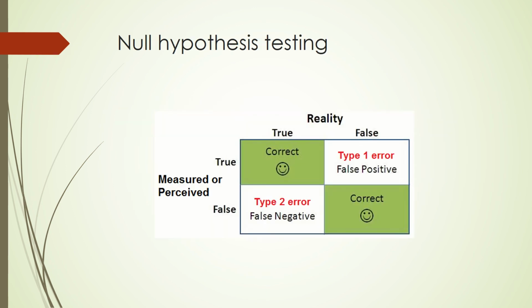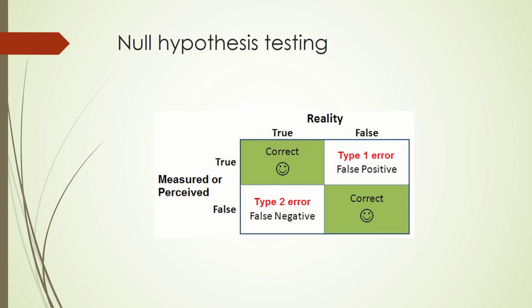Moving on. So whenever I was talking about null hypothesis testing, here is the biggest thing that I want you to know. Whenever we measure things in studies, we measure a particular aspect, or we perceive it, versus reality.